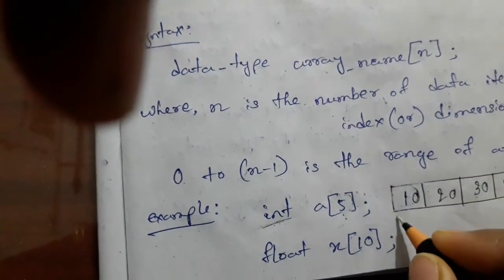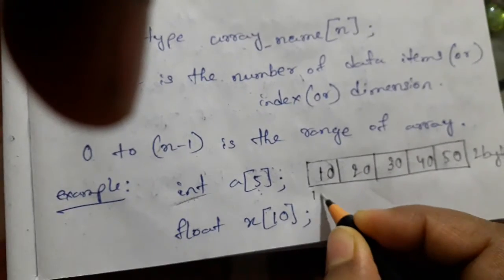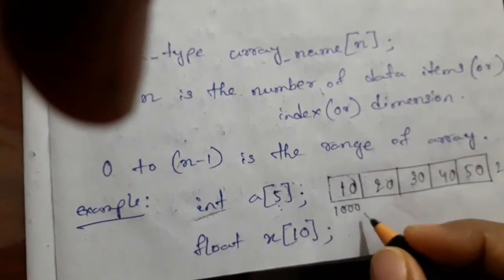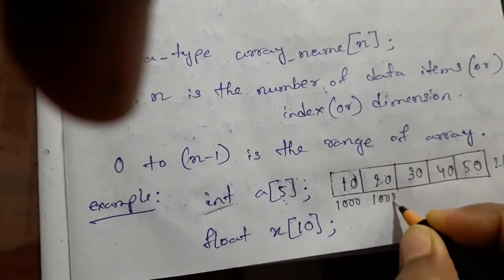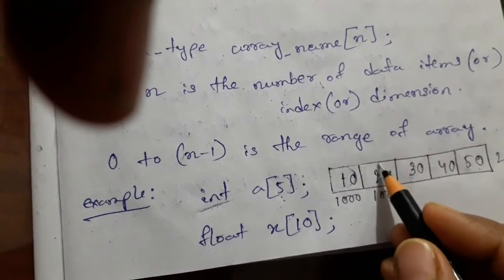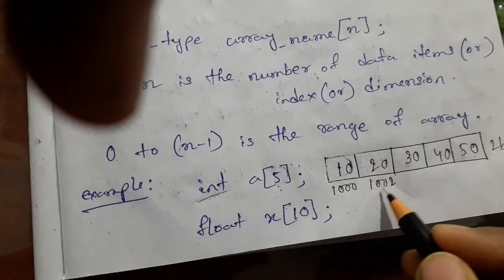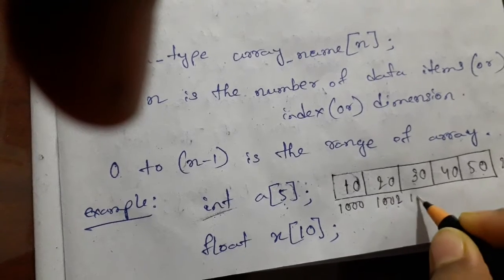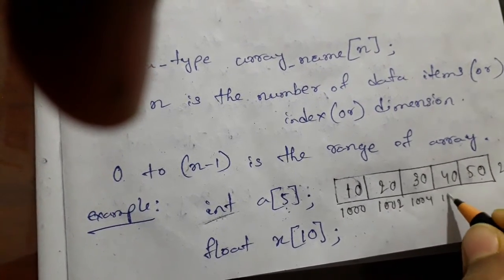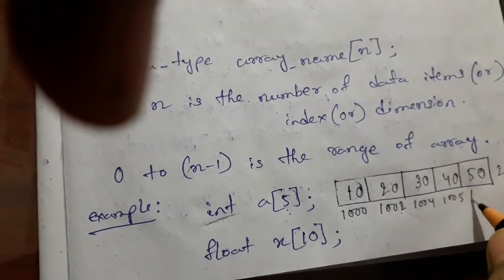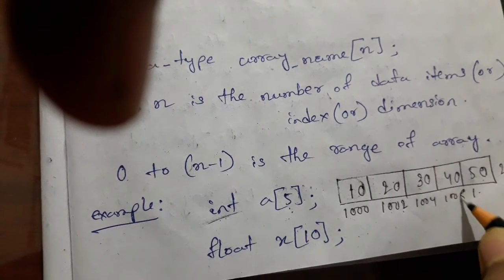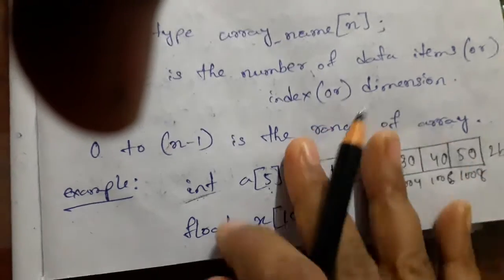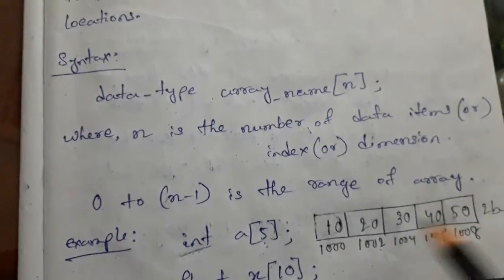So suppose the memory location starts from 1000, the next location must be 1002, because each individual integer number takes 2 bytes. Next is 1004, 1006 and 1008.